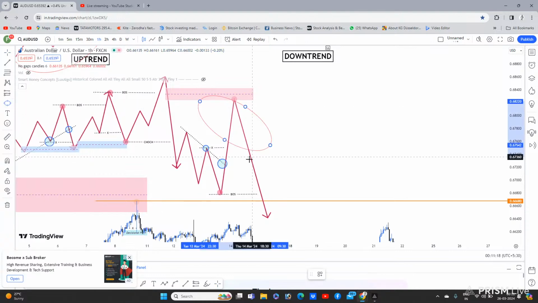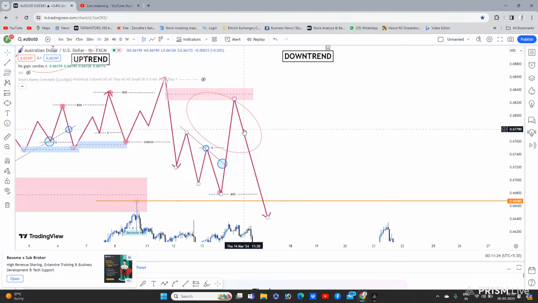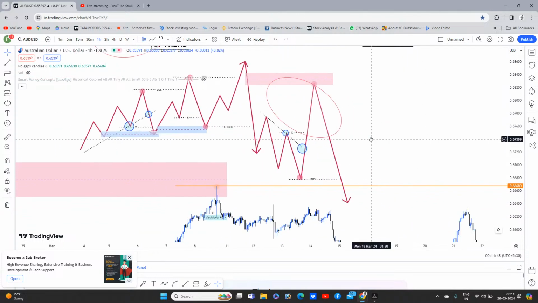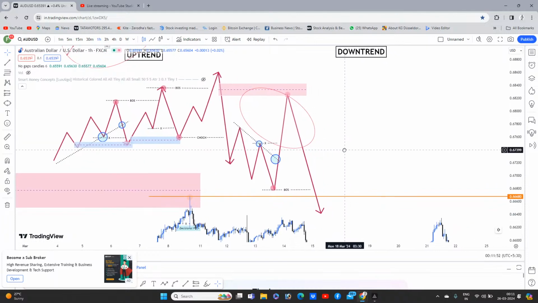They'll be trapped because they're looking for a buying setup, but what they won't observe is that the market has a supply zone above it, and the market is reacting from that zone and going down. This is how the market traps retail traders, and this is how true smart money concept works.